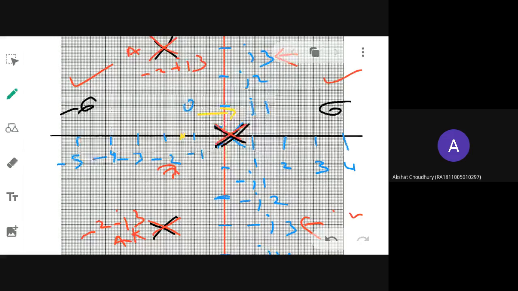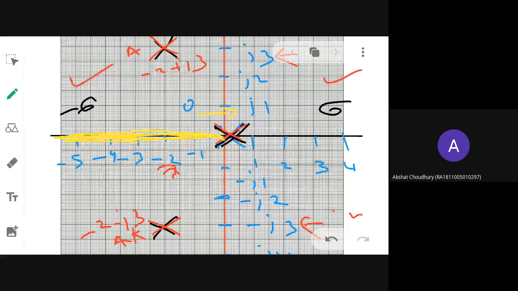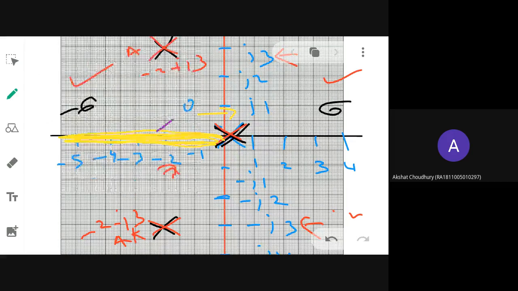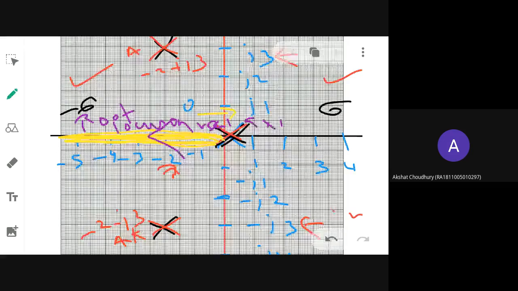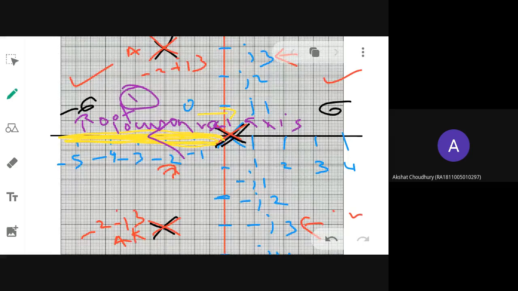Is that odd or even? Odd. So what do you need to do? You need to thicken this entire real axis and mark the direction like this. And write here, root locus on real axis. This is branch number 1. That is already done.